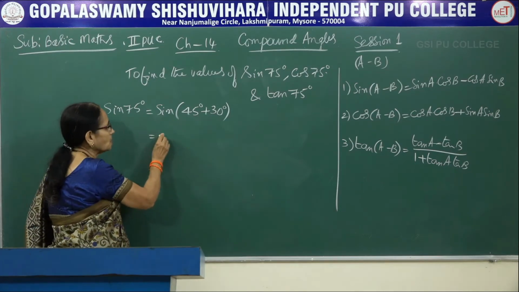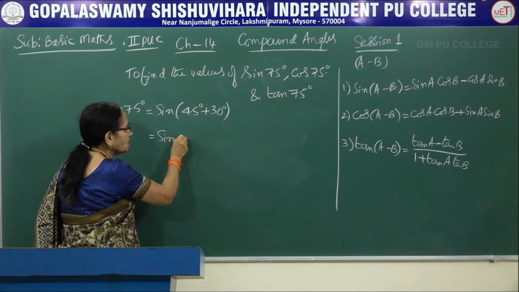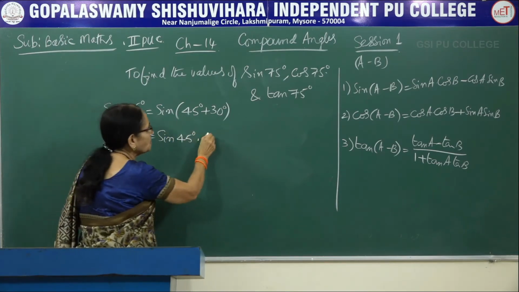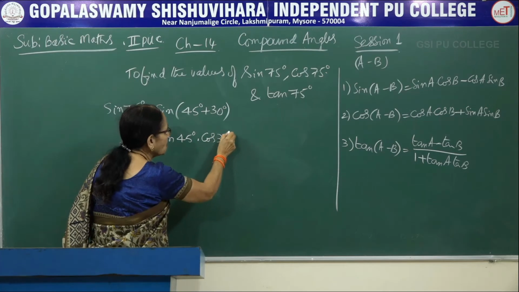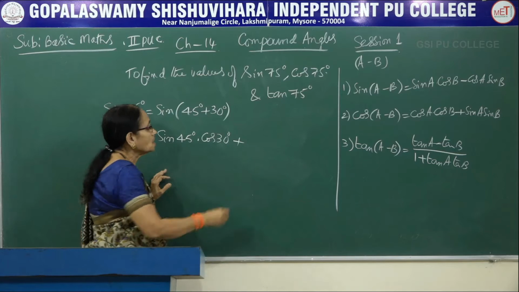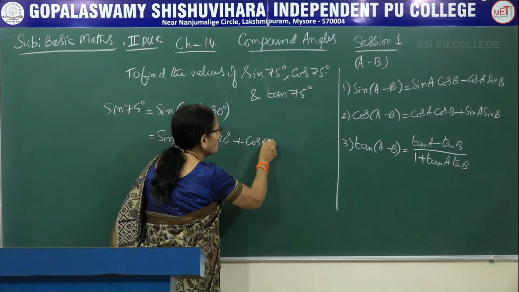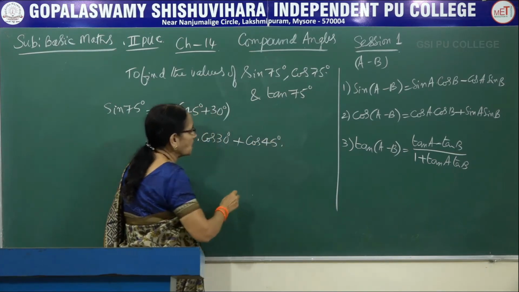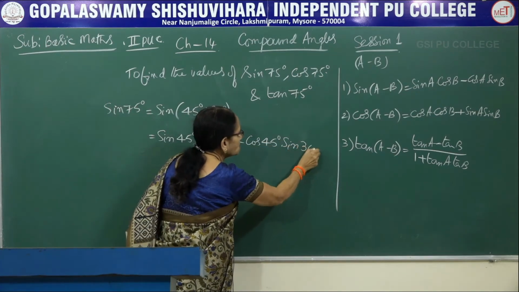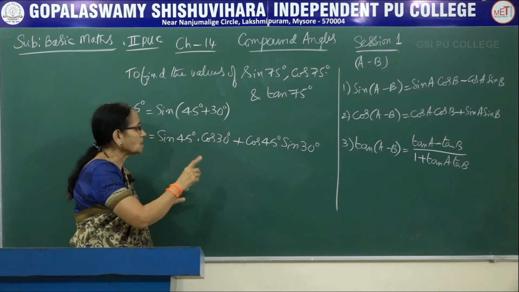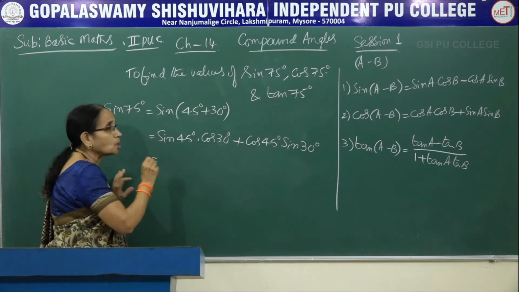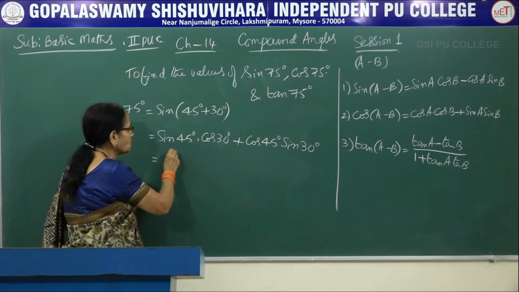Let me use the formula. Sine A, that is sine of the first angle, into cos B, cos of the second angle, that is cos 30. Next, cos of the first angle, that is cos 45, into sine of the second angle, that is sine 30. You observe that all of them are standard angles whose values are known to you. What is sine 45?